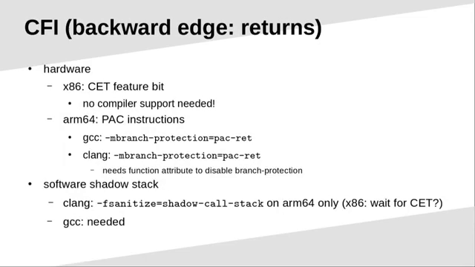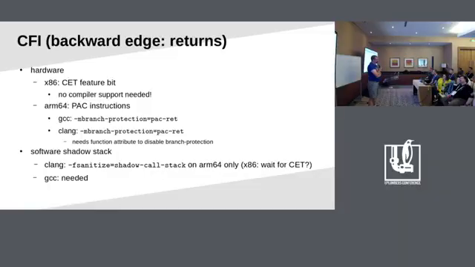I'm going to start with hopefully the easier of the two CFI types. So backward edge CFI, which is testing when you return that you are going somewhere you intended to go. The hardware support for this is where most of the work on this exists in the toolchains. So on x86, there's the CET feature bit, and this basically just in the CPU becomes implicit.